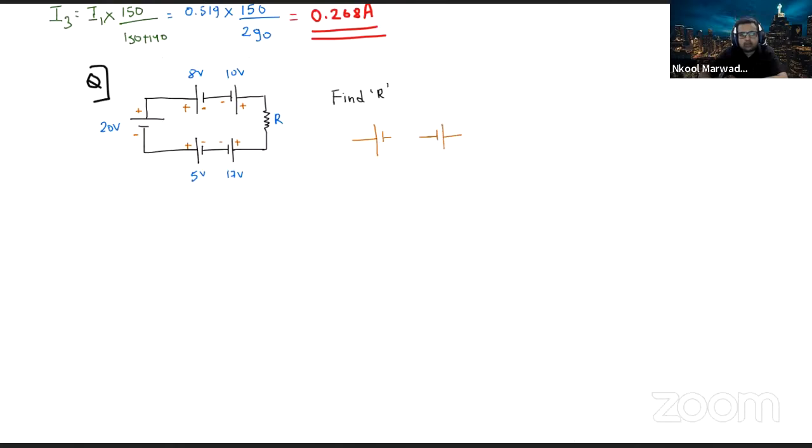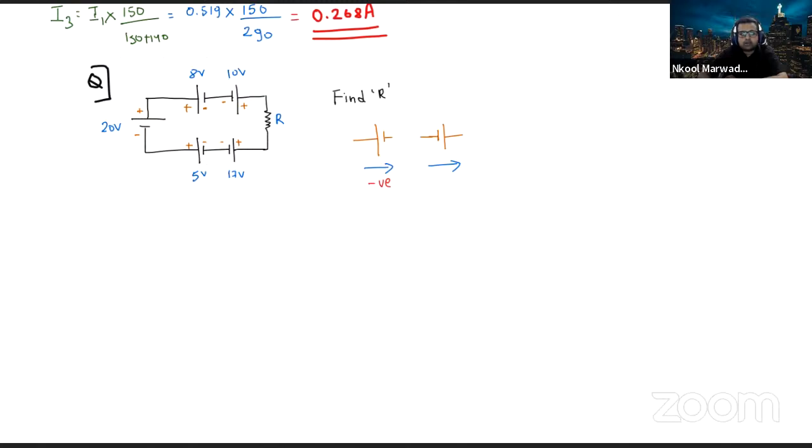Whenever there is a voltage drop, we have to take the sign negative. And wherever there is a voltage rise, we have to take the sign positive.